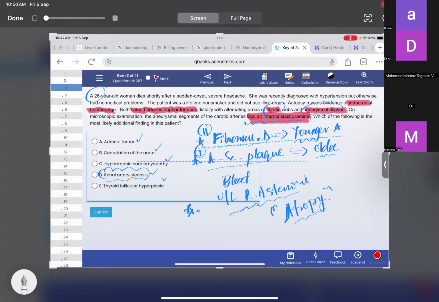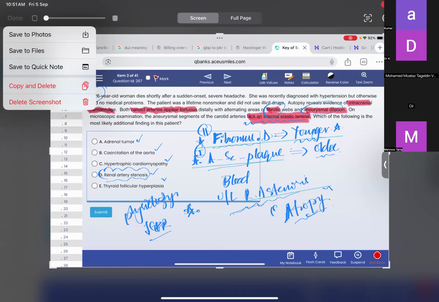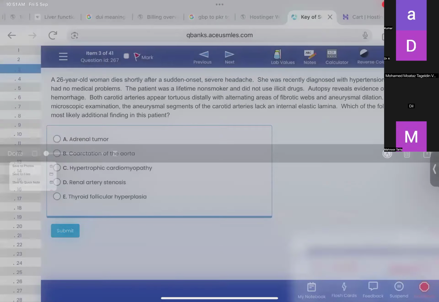It is very high yield, okay? And you guys also know the physiology behind the blood pressure, okay? And how the GFR is decreasing. So I think for renal artery stenosis, if you know all these points, it's enough, okay?